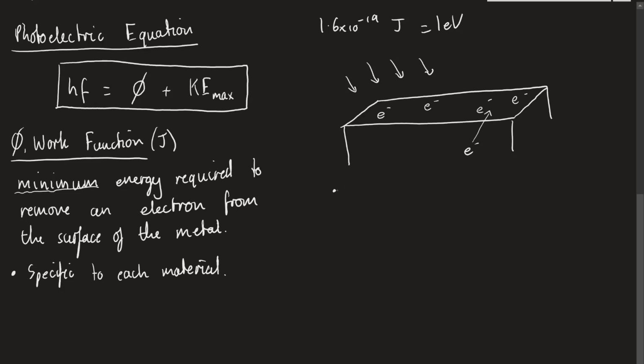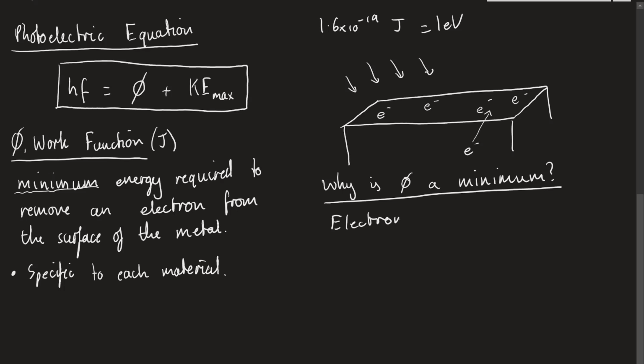And so why is the work function a minimum? That is just because electrons deeper in the surface require more energy to leave the surface.